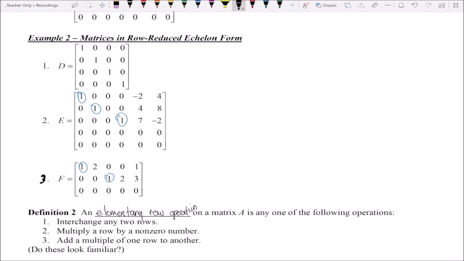And we can add a multiple of one row to another row. And the question here is, do these look familiar to you? They should. I leave it to the viewer to decide where they look familiar.